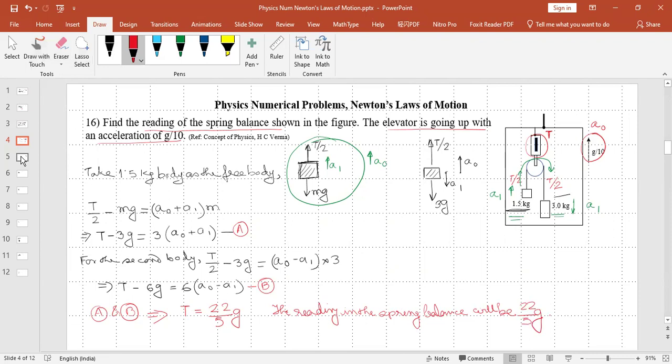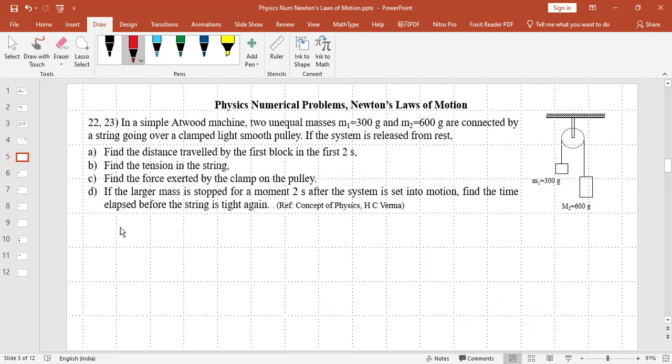So now let's go to the next problem. The next problem shows that in a simple Atwood machine, two unequal masses of 300 gram and 600 gram are connected by a string over a clamped light smooth spool.